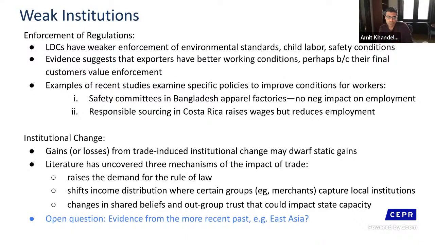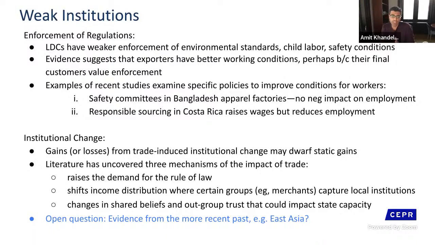And then there's another study at the moment, which is looking at responsible sourcing. So think of this as fair trade type policies in Costa Rica. And they're using a more quantitative framework, thinking about the general equilibrium effects of fair trade. And there, what they find is that fair trade policies or responsible sourcing policies do seem to raise wages, but there is a cost to employment.